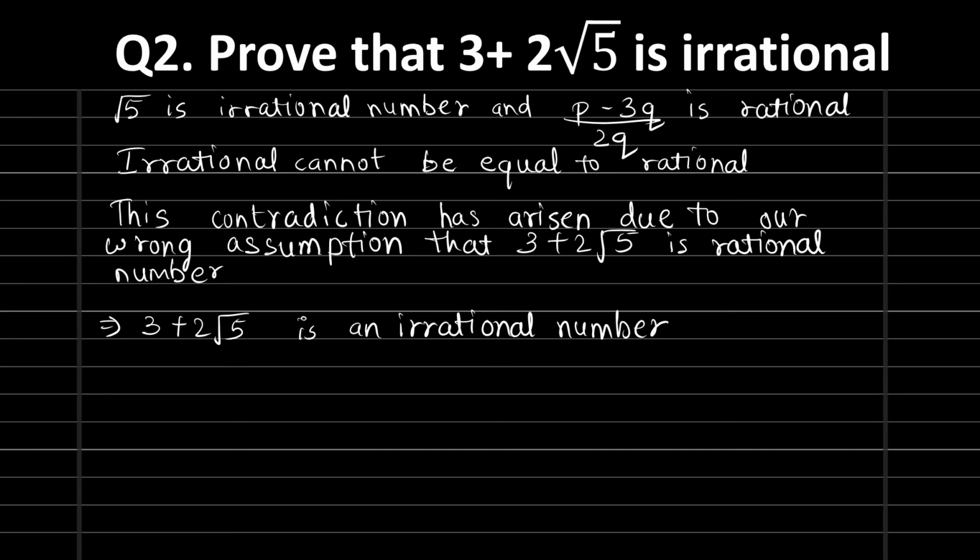Now left hand side should be equal to right hand side, right? But here left hand side is irrational and right hand side is rational, which cannot be equal to each other. So this is a contradiction which has arisen due to our wrong assumption. Our assumption was 3 plus 2 root 5 is a rational number, and hence we can conclude that our assumption is wrong. Therefore 3 plus 2 root 5 is an irrational number.